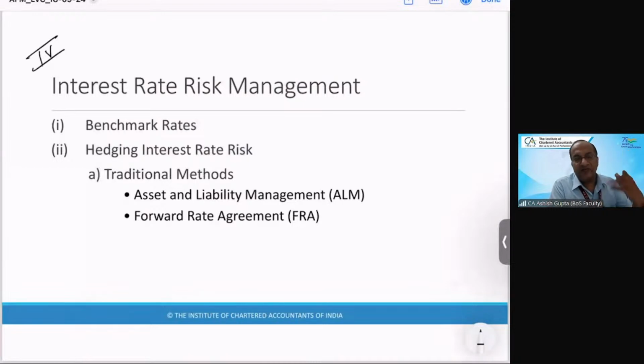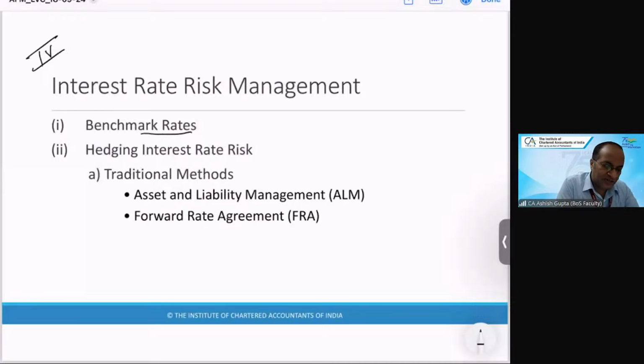Benchmark rate is a kind of leading rate, based on which we normally add some credit spread. Suppose you go to the bank and take a home loan, the bank may say I will charge the repo rate, that is the repurchase agreement rate, plus 3%. So the benchmark rate is basically the repo rate. I'm not covering here what exactly the repurchase rate is.